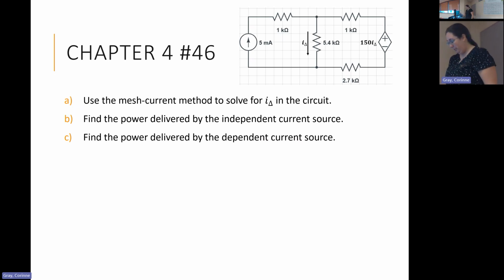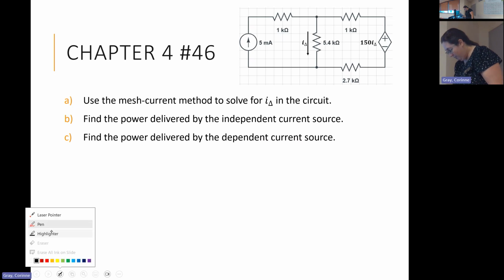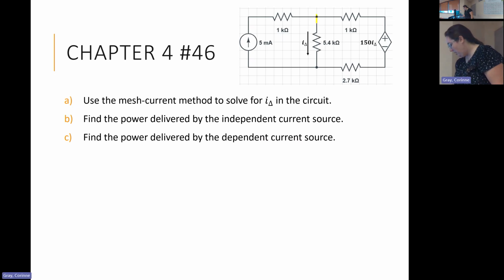So if I can find the current here, that is going to tell me what the voltage is for my source. I could find that value, multiply it by 150, and that gets me the voltage that this dependent source is supplying to the circuit.